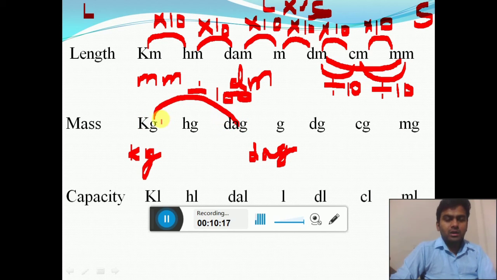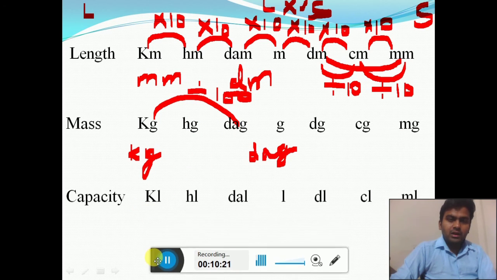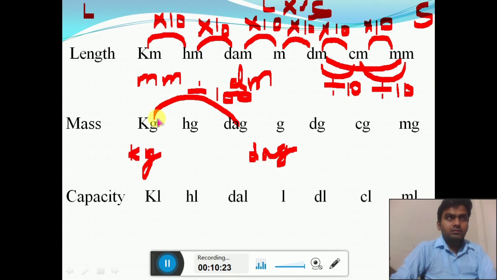Kilogram is the bigger unit and decagram is the smaller unit. Now we are moving from left to right. So left to right you have to multiply the given unit by the number of steps. How many steps of 10? 1, 2. So two counts of 10, that means multiply by 100.